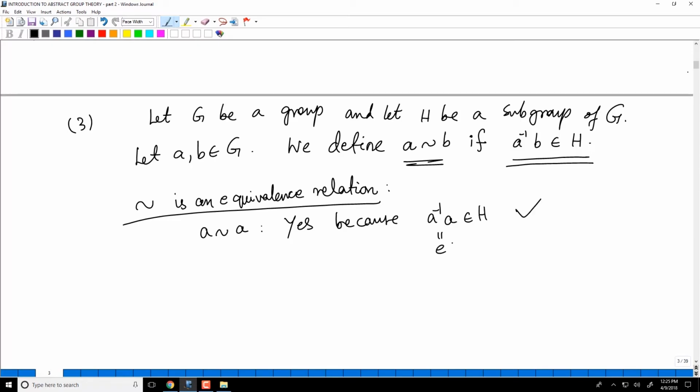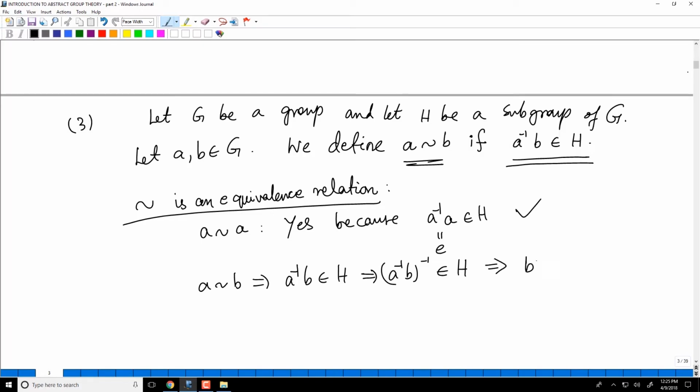Okay, so that's okay. If A is related to B, that means A inverse B is in H, by definition. But because H is a subgroup, (A inverse B) inverse is in H. Anything in H contains its inverse also. What is (A inverse B) inverse?